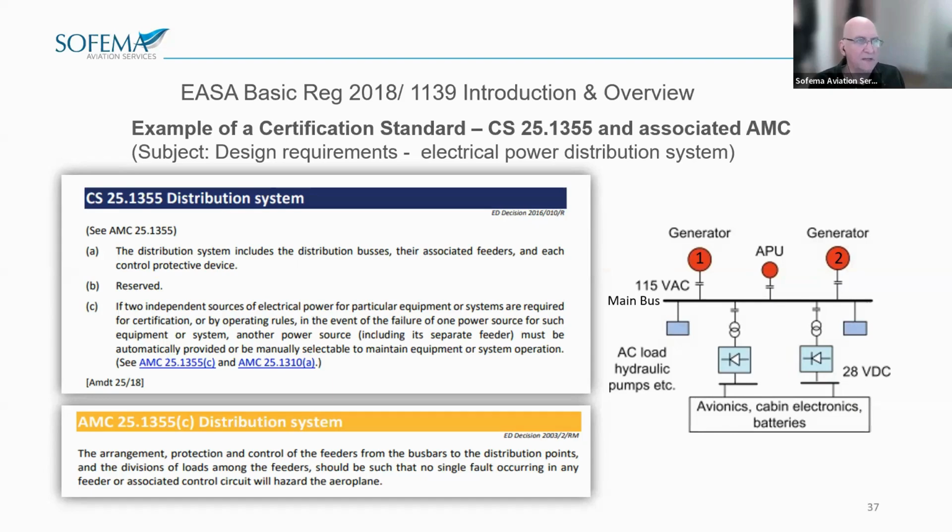So we say, yes, you must be able to maintain two independent sources of power, but watch out, because when you design this, you've got to make sure there is no one single fault that could cause you to lose the redundancy of having two systems. So really, the CS is a short and simple requirement in its statement.